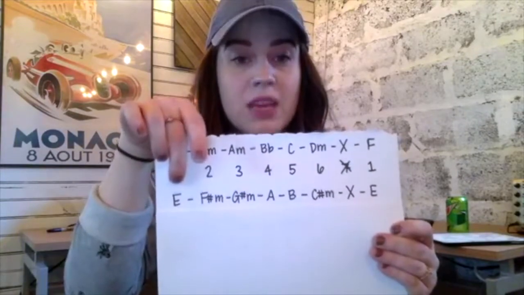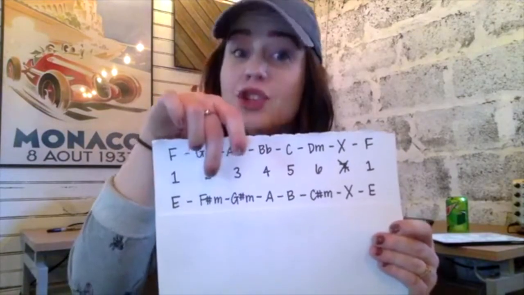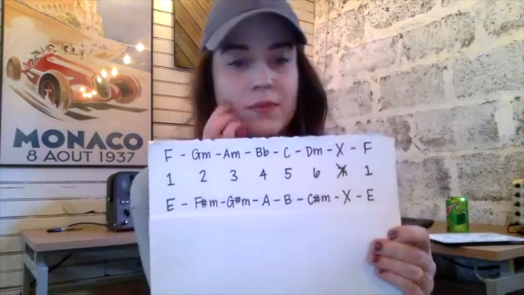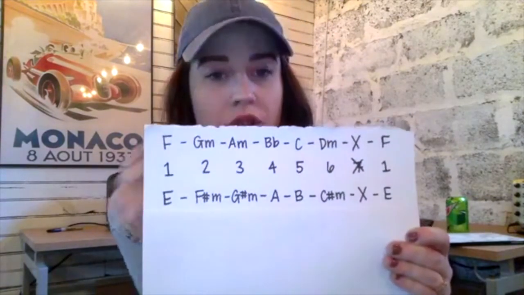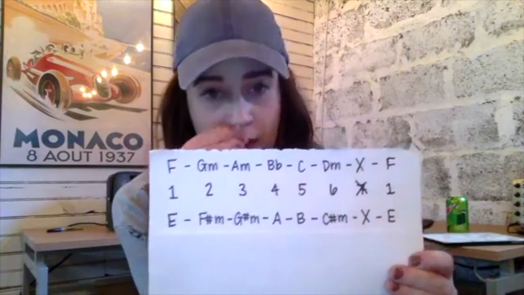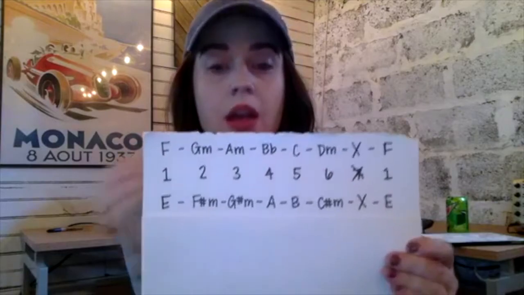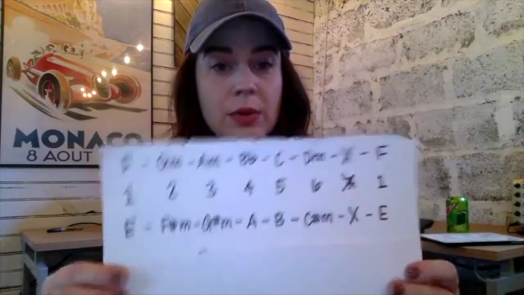Because E wouldn't just go to F minor, it's an F sharp minor, and it wouldn't go to just G minor, it would go to G sharp minor, okay? So just understanding that is how you find what chords are actually in a key, okay? But this is what you're looking at when you're transposing this.